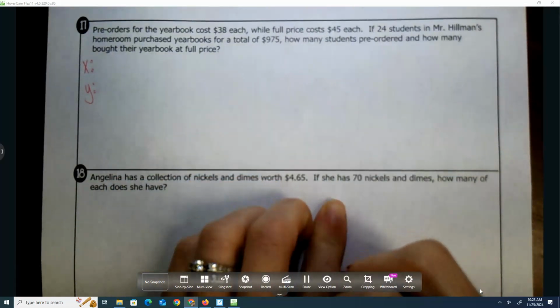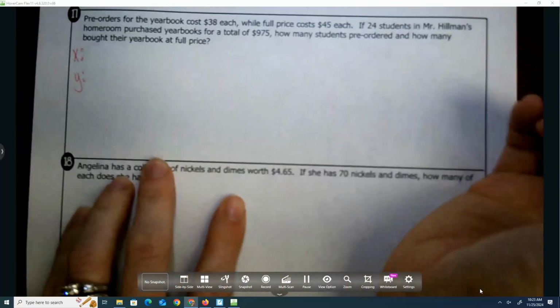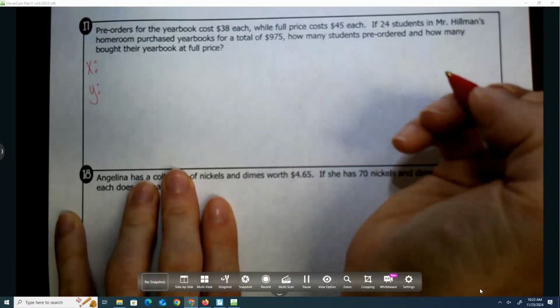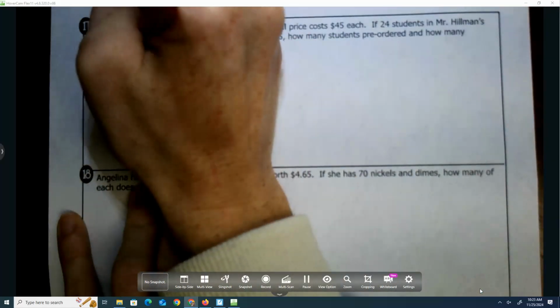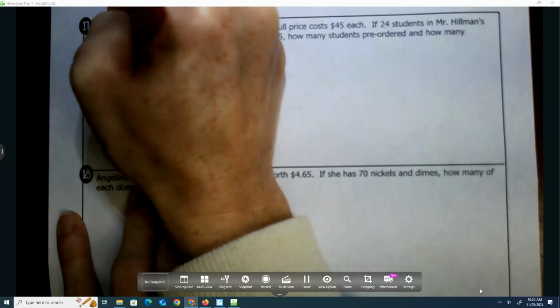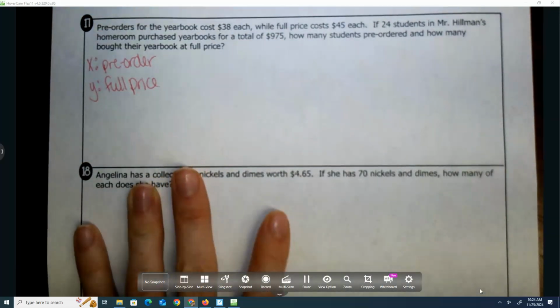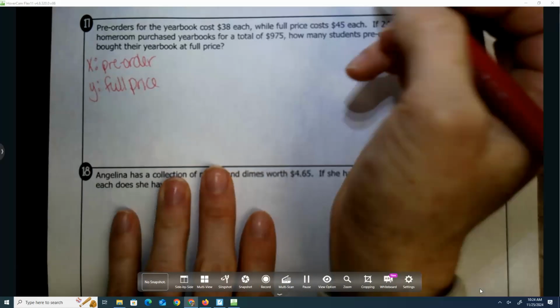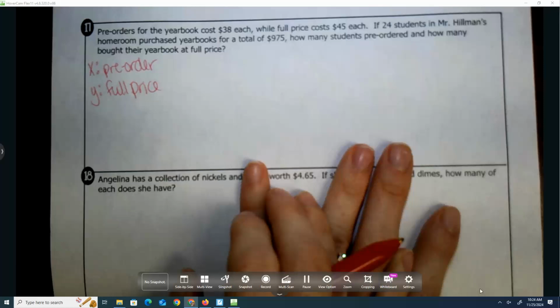Does anyone want to volunteer, or should I just pick people? Julius, what are my variables? The first variable is pre-orders, X, and the Y is the full price. Good job. Then we have to write an equation. So who can tell me one of the two equations?